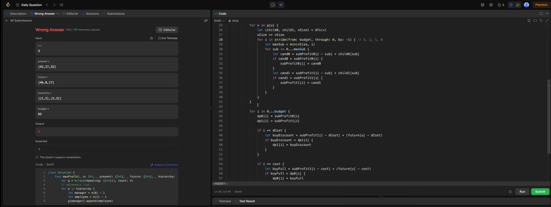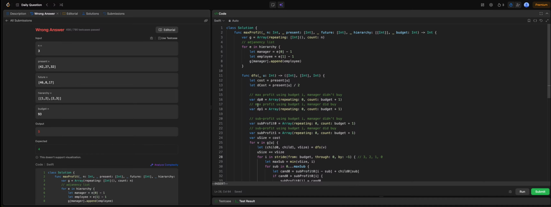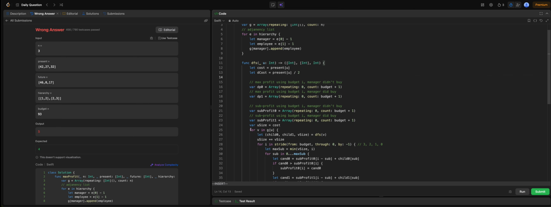Okay, let me skim through my original idea of the solution. I think the main case is under the DFS, since we are passing through it, and then I iterate for the sub profits of 0 and 1, which is the budget plus 1.